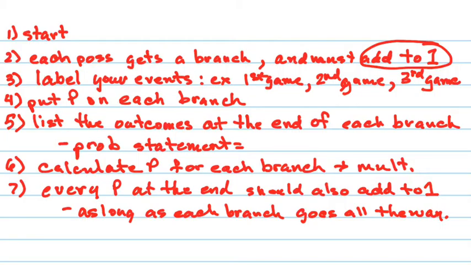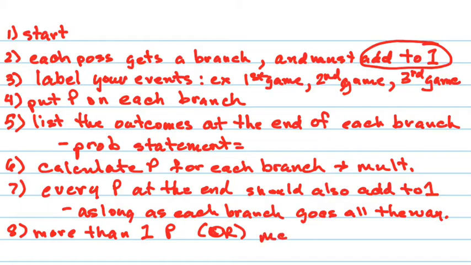Okay, then they should add to 1. All right, and finally, if you have more than one probability, in other words, you have an or statement, this branch or this branch, that always means to add.